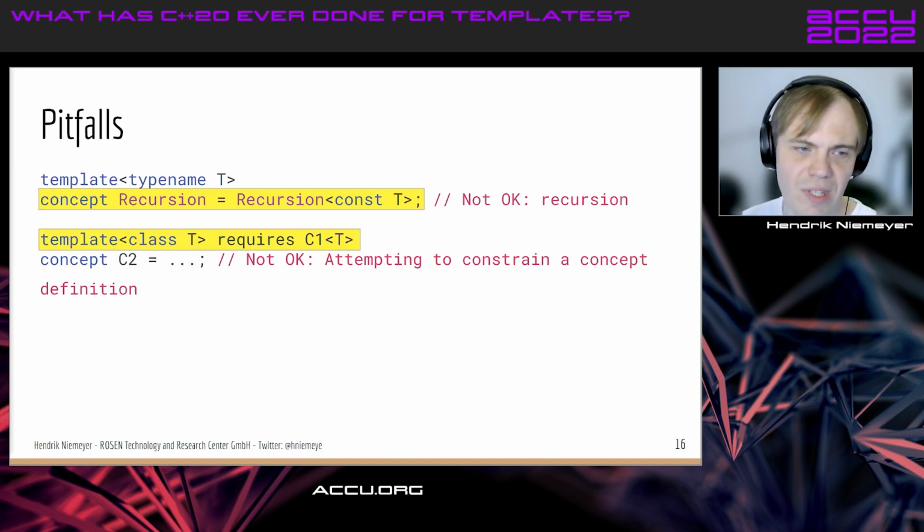We can achieve the same effect by just combining these concepts with an AND. So we could write concept C2 is C1 of T and whatever is written here in the 3 dots. So we don't need a syntax like that, and that is one of the reasons why this is not allowed.